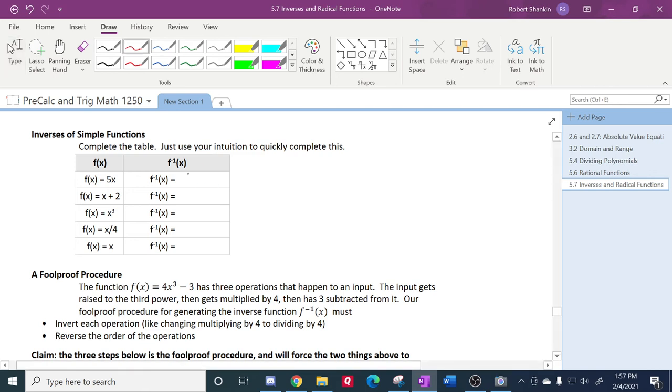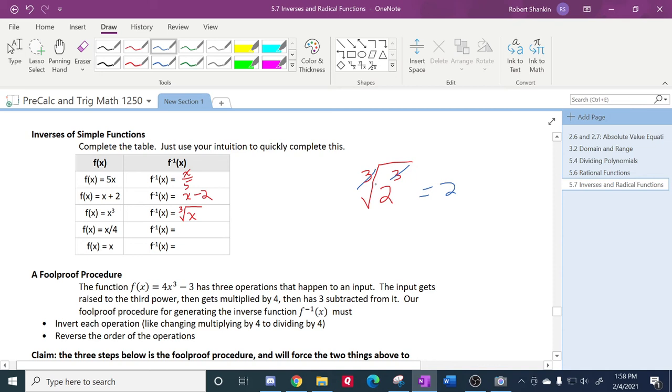Okay, so this one is x divided by 5. This one is x minus 2. This one, the inverse of cubing is cube rooting. It's what would undo something. For instance, if you took 2 and you cube it, you would cube root that so that these would get you back to 2.